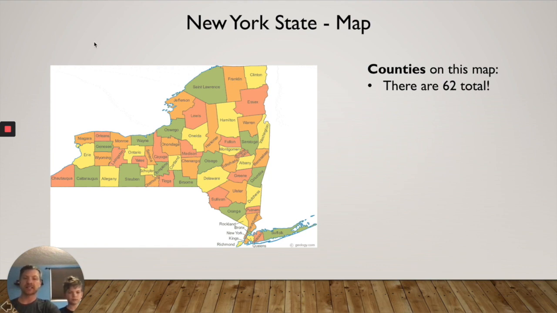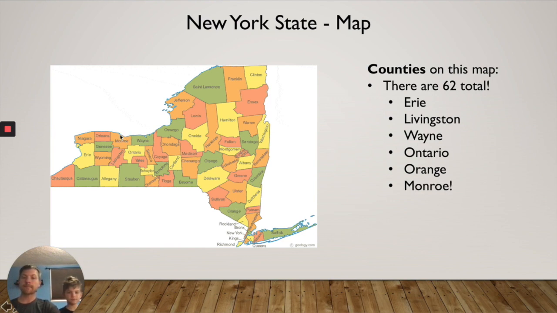I Googled it. I didn't count. Hopefully Google was right. And Erie County, right here. Livingston County, right here. These are counties you may have heard of. Maybe not. Wayne County, right here. Ontario County, right here. Orange County, that one's way down here.